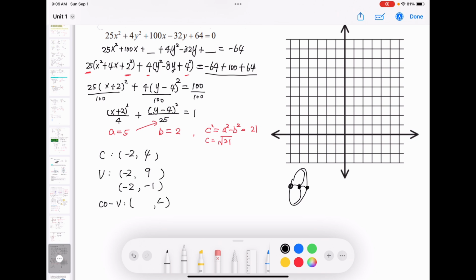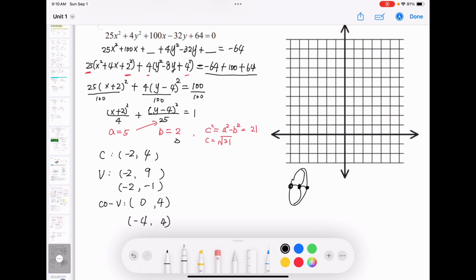So it's 4. Based on the -2, we can plus b and minus b. -2 plus b is 0. -2 minus b is -4. So we found our co-vertices.